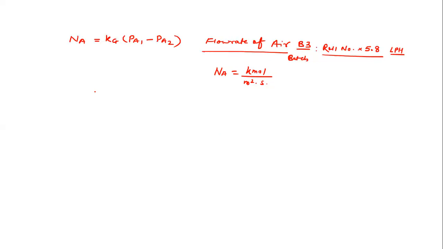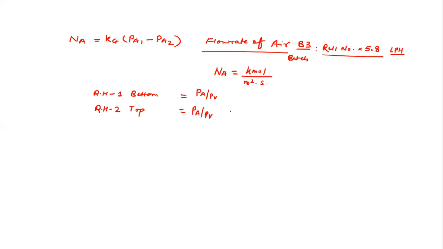So, what is relative humidity at point 1, bottom? Relative humidity 2 at top. So, what is relative humidity? It is partial pressure divided by vapor pressure.